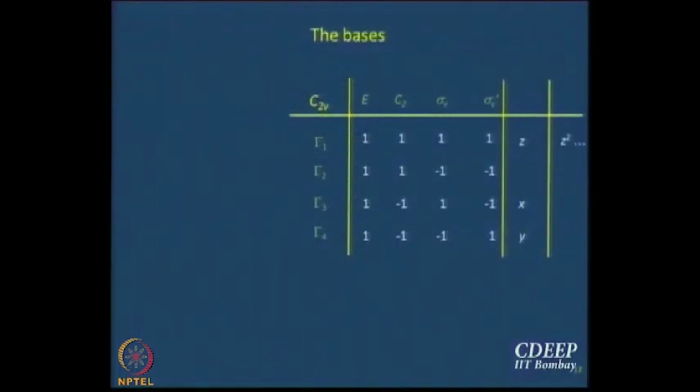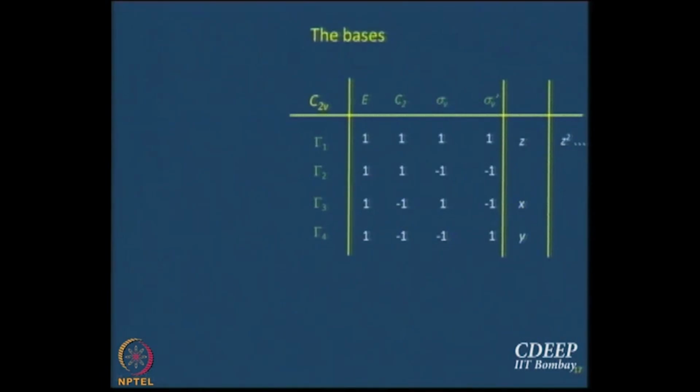What about xy? Okay, what you could do is you could just multiply the characters and see what symmetry species you get. Okay, xy, that means this and this. You multiply gamma 3 with gamma 4, what do you get? 1 multiplied by 1 is 1, minus 1 multiplied by minus 1 is plus 1, good.